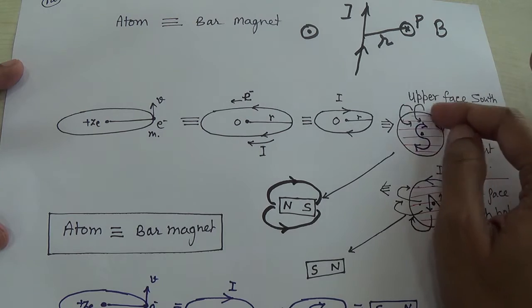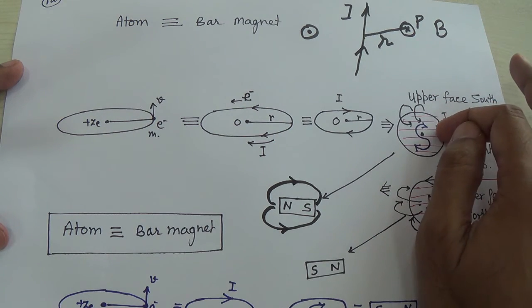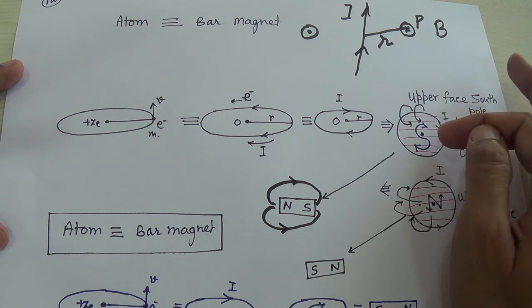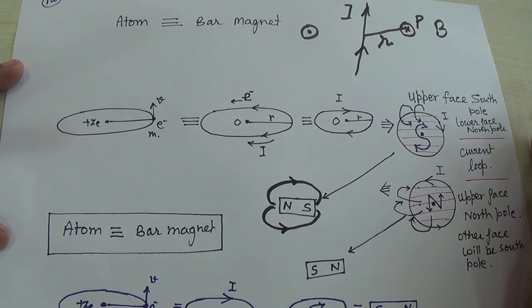So this current loop behaves like a tiny bar magnet, right? Upper face will behave like a south pole and the lower face will behave like the north pole.